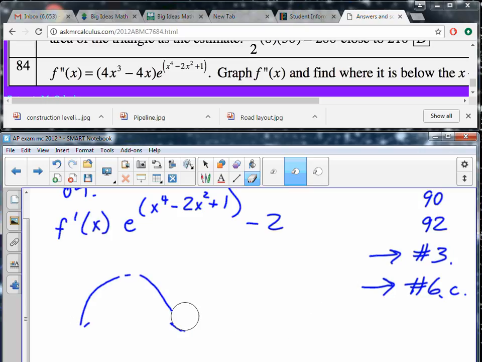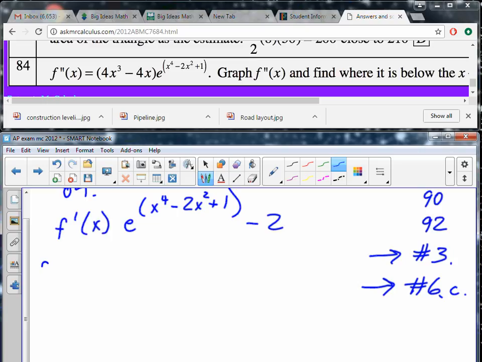Consequently, well, we're given the first derivative, rats. We can't get the second derivative, can we? Oh, we can. So, don't be scared. I forgot my equal sign. F double prime of x then would equal e to the something. Don't be scared.